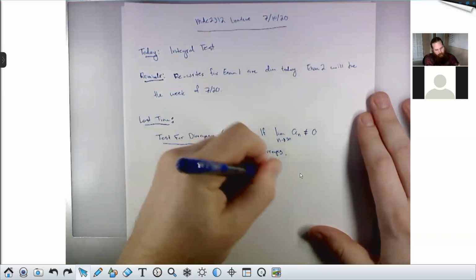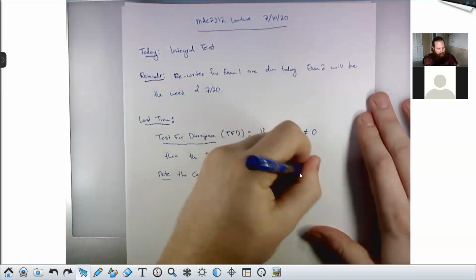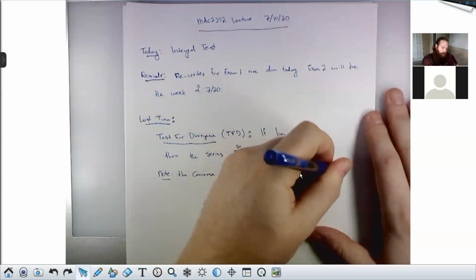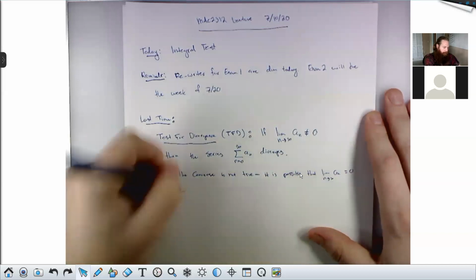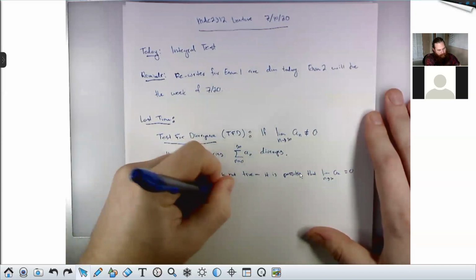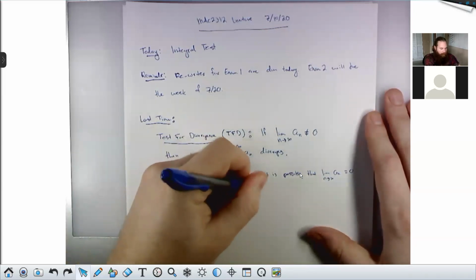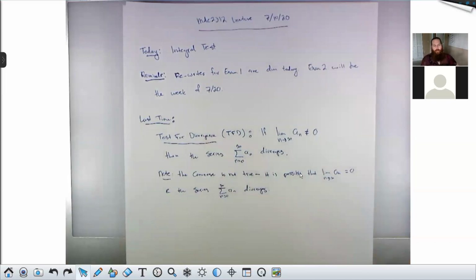It is possible that the limit as n goes to infinity of a_n equals 0 and the series sigma from n equals wherever to infinity of a_n still diverges. So a test for divergence only works in one direction. If the a_n don't go to 0, then sigma a_n must diverge.